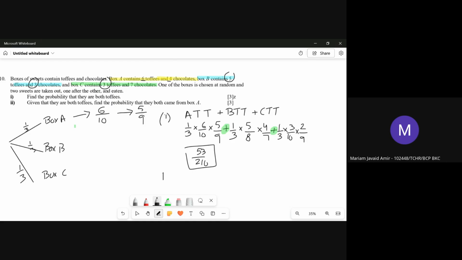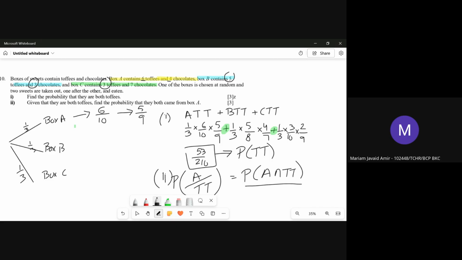Part 2, given that they are both toffees. We know the probability that they're both toffees, which was already calculated here. This is the probability that both are toffees from any of the 3 boxes. Given that they are both toffees, find the probability that they both came from box A. This is the conditional probability we have to find. In the numerator, we find the probability that it came from A and both are toffees.